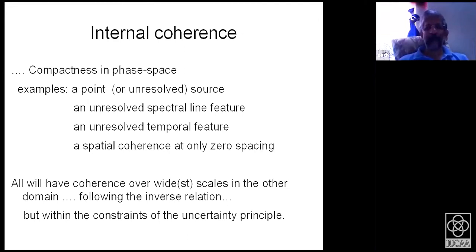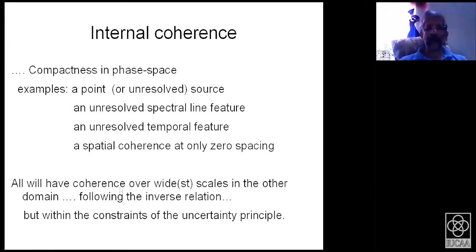And so that is one very special example of compactness in phase space, where the spatial coherence exists only when you're at the same location. As soon as you move or have any non-zero baseline of your interferometer, you will find there is a lack of coherence. But that is a special case, and it can result from only the uniform brightness component of the sky.